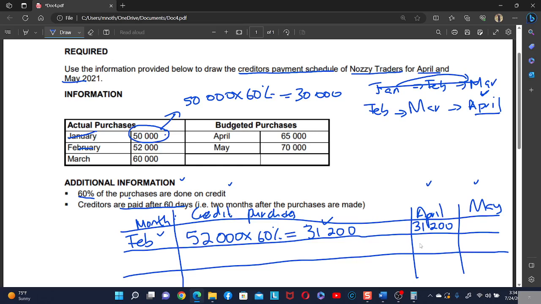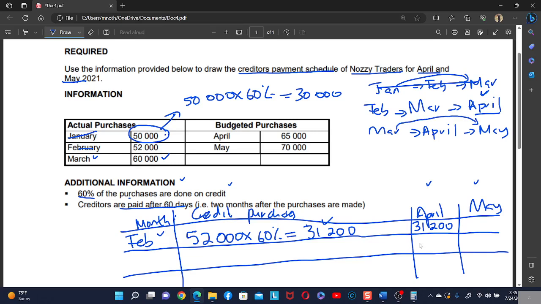Now we're in March, then April, May. The credit purchases that are done in March will be paid 2 months after the purchases are made, that is May.